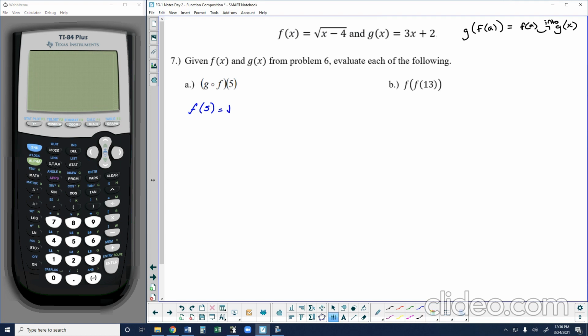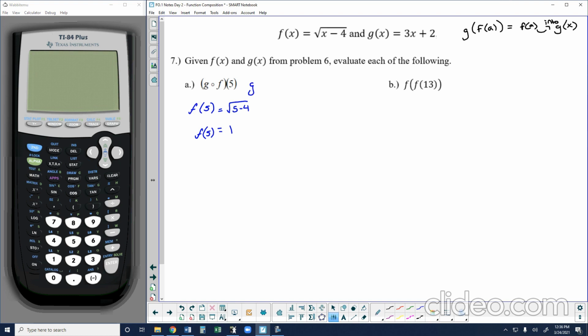So f of 5 would be root x minus 4. Now the x is being replaced with a 5. So root 5 minus 4, which would be root 1, which is 1. So f of 5 is 1.